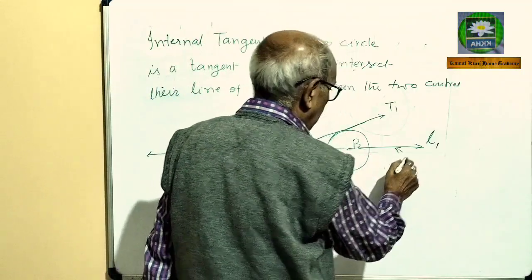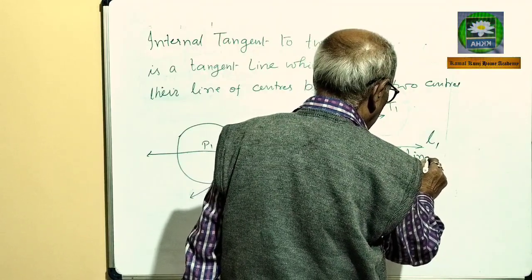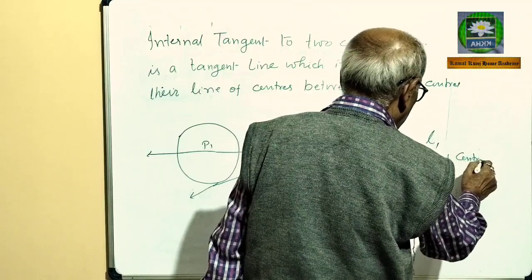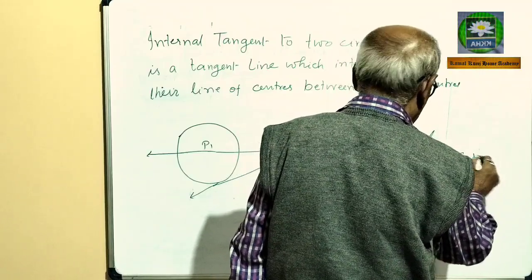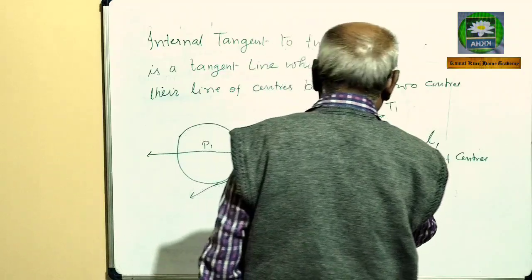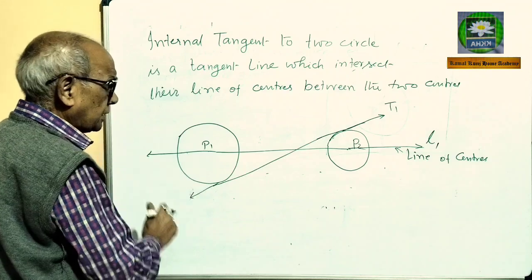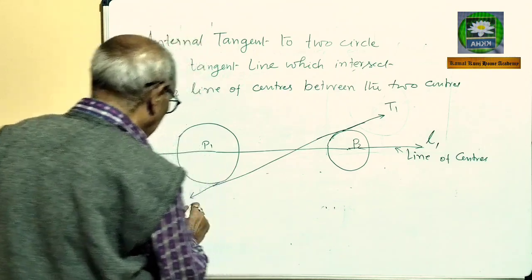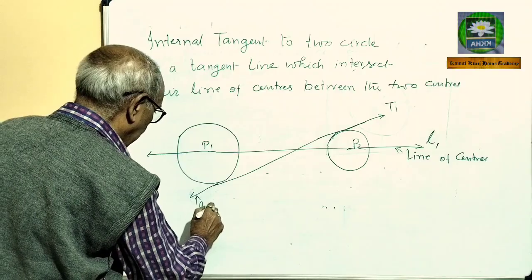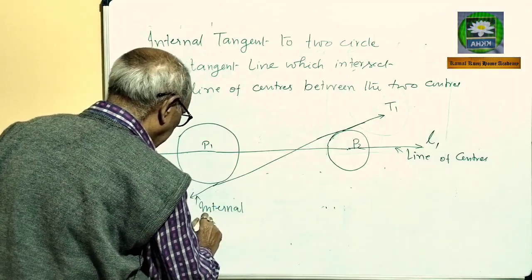See that, this line is tangent to both the circles and intersects the line of centers. This is called an internal tangent.